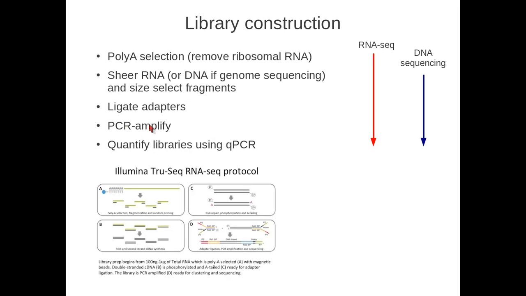So just be aware that if some molecules amplify better than others, that can lead to some bias in the quantification of the original relative proportions of the different mRNAs which we're trying to infer. Quantifying libraries using qPCR, just know that you need to put the right amount of DNA onto a flow cell in order to sequence it, so we have to quantify the libraries carefully.